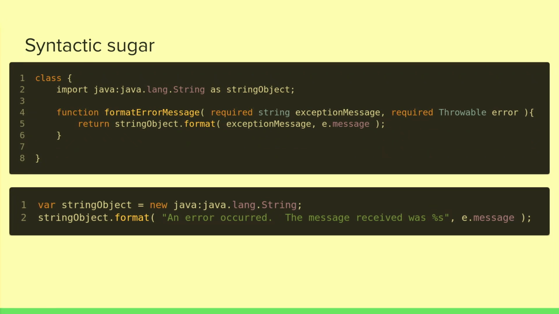When you look at this example at the top, I'm just using a java.lang.String as a string object, and then you can call a Java function pretty much natively, as you would call a ColdFusion function on that object. You can do exactly the same thing in ACF and in Lucee in different ways, but the syntax here is just elegant and quick.